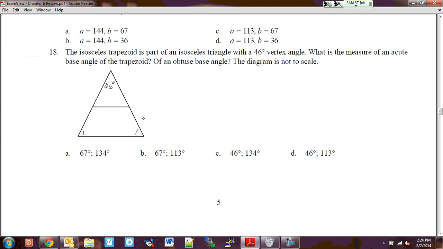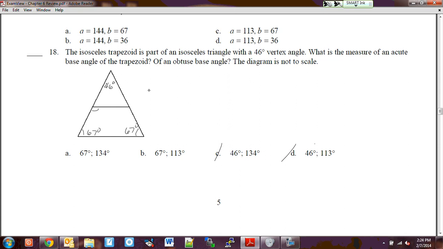Well, we have an isosceles triangle here as well, and we know that these two are the same in the isosceles triangle. So all we have to do is take 46, subtract it from 180, and divide it by 2. So 180 minus 46 is 134. Divide that by 2. We know both of these are 67 degrees. And that's the first part, 67. So we can rule out these two.